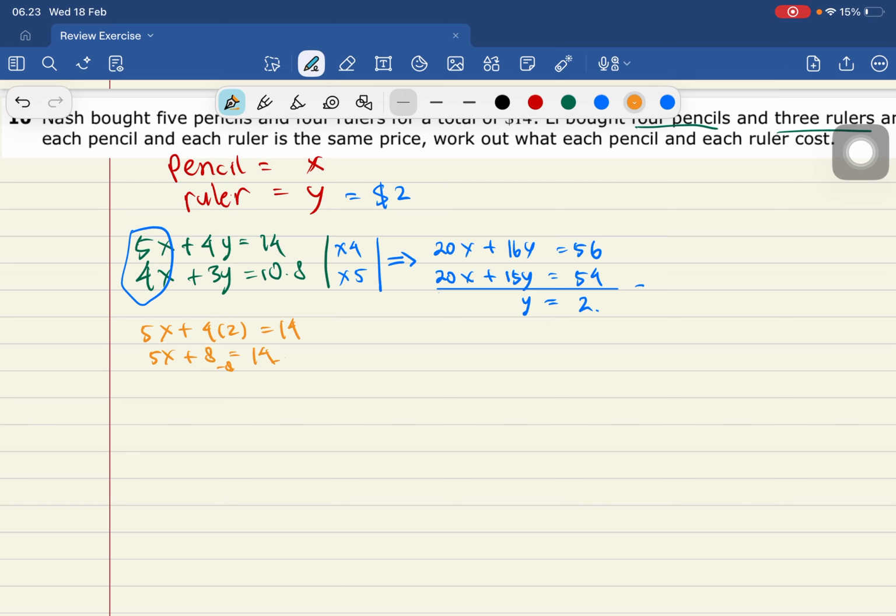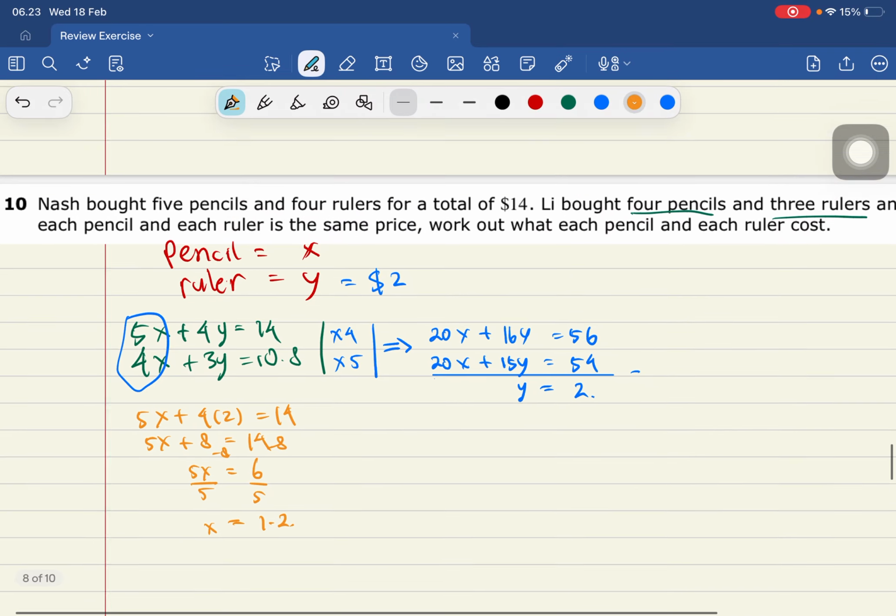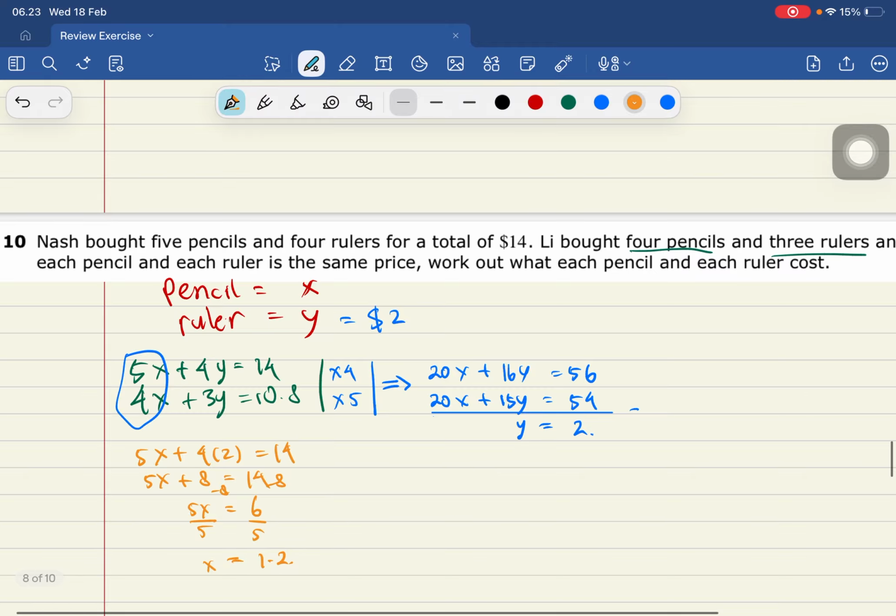We minus 8 on both sides, so 5x equal to 6, and then we divide by 5, so x equal to 1.2. The pencil equal to x, which is $1.2.